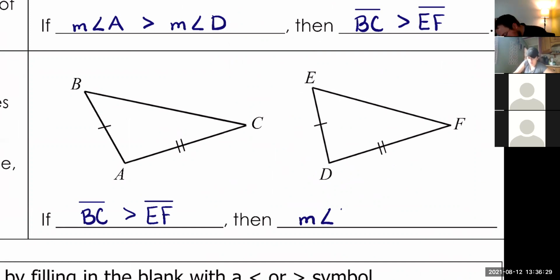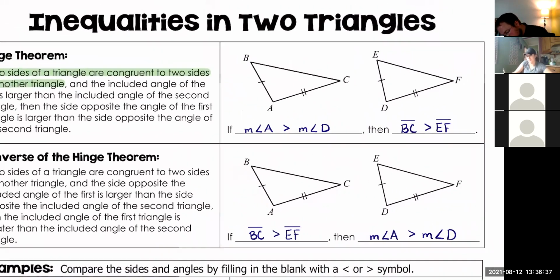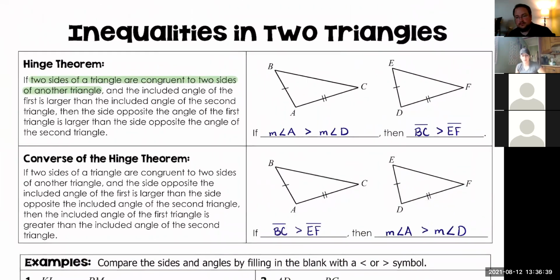The measure of angle A must then be greater than the measure of angle D. So, really wordy way of saying you make the angle bigger, you make the other side bigger, regardless of whether it's in the same triangle or two different triangles with congruent pairs of sides.